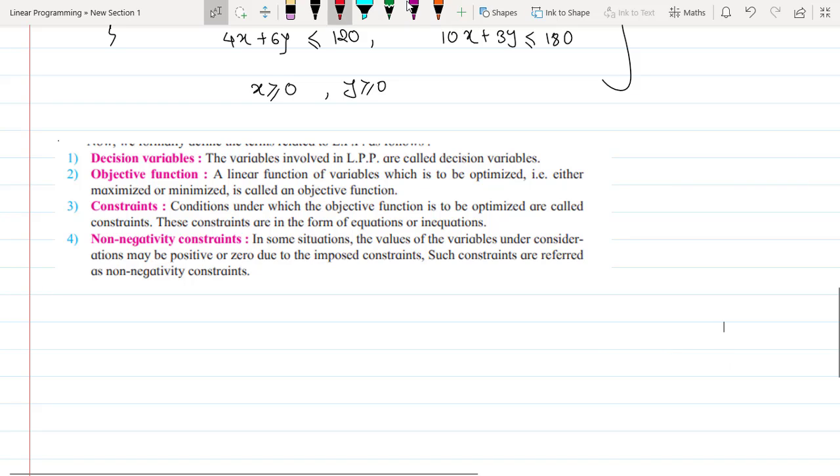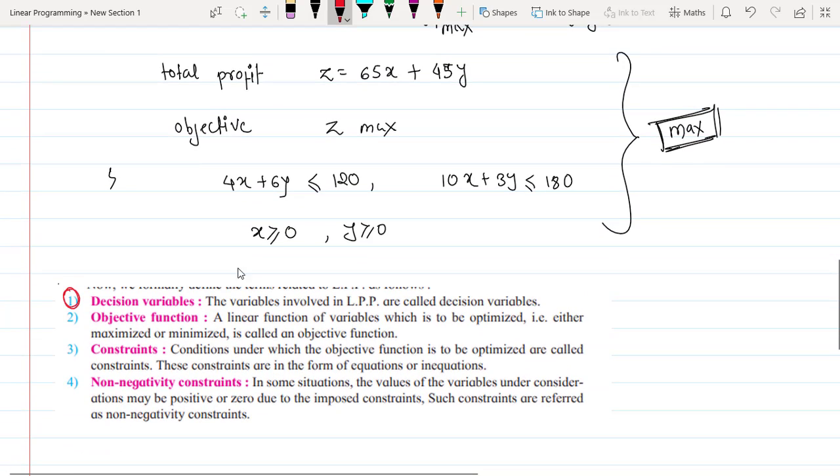The first one is the decision variable. The reason why I am taking the example first and explaining the theory part later is that we will understand these terminologies with the help of the example we just solved. So decision variables are what? The variables involved in the linear programming problem are called the decision variables.